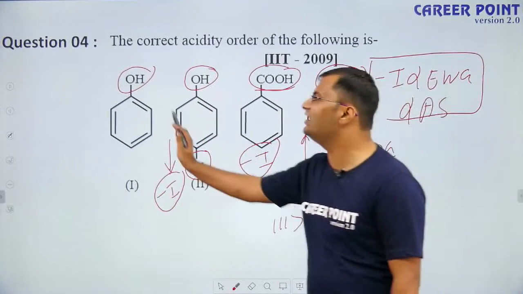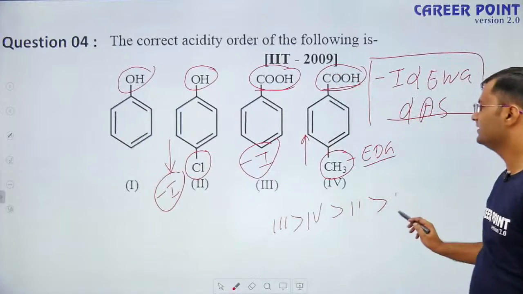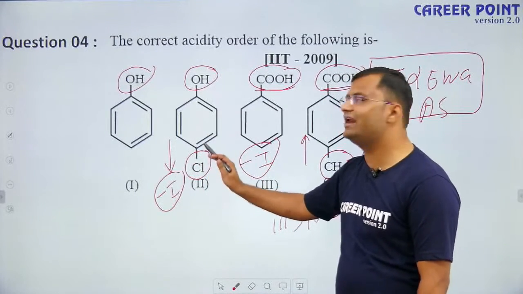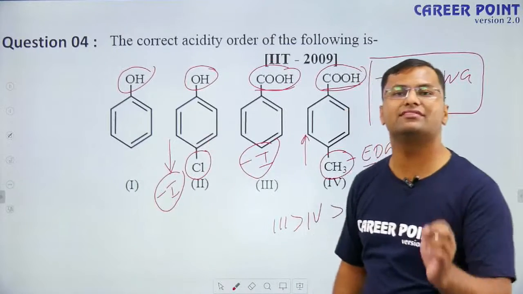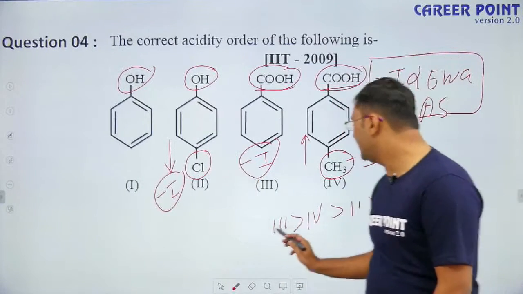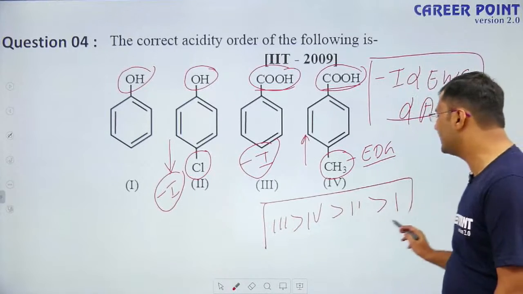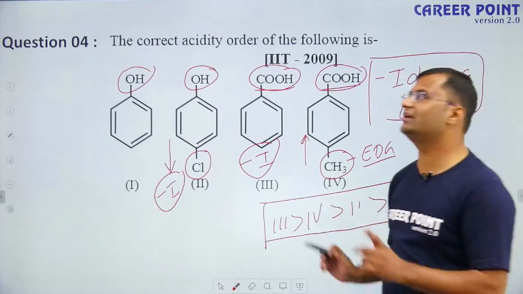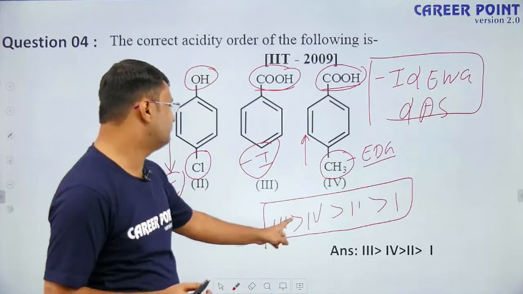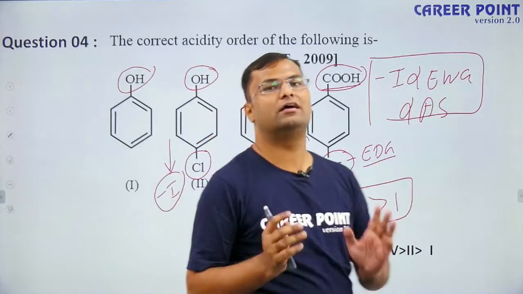After that, this phenol is less acidic than this, because due to this Cl group, minus I effect will be exerted and this increases the acidic strength of any compound. Clear? So the correct order will be third, fourth, second and first. This is the correct option.